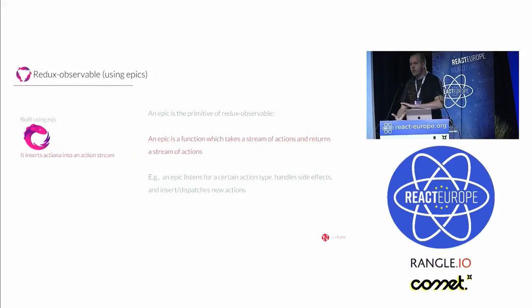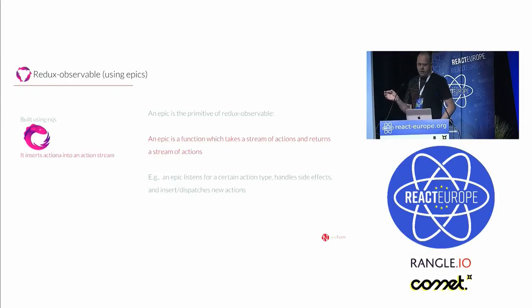So to solve this problem, what we used was Redux Observable. Redux Observable is based on RxJS. The key thing here for us is it takes an action that we dispatched and puts it into a stream. So now we have the stream on which we can listen for actions, right?